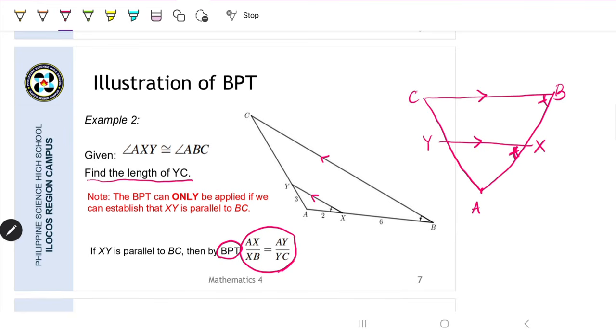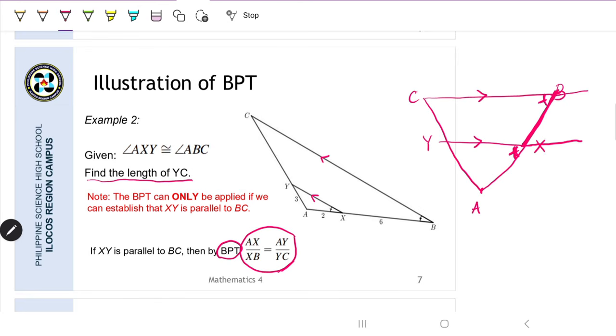If you notice, the segment XB is a transversal because it cuts two lines, line CB and line XY. So we have here your consecutive angles, and based on the given, the two angles are congruent.